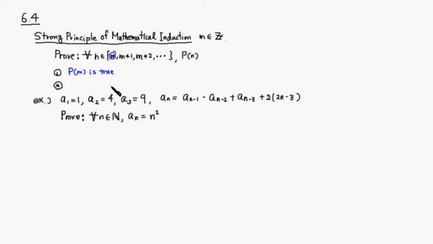Then the next thing is we have to make sure that when P(m) is true, and also P(m+1), and all the way to, say, P(k), then assuming all the statements up to k are true, this implies that P(k+1) is true.